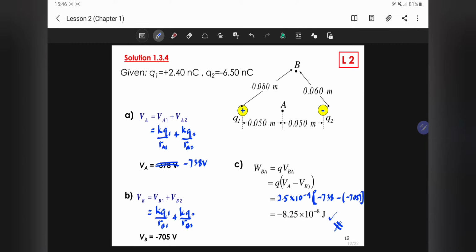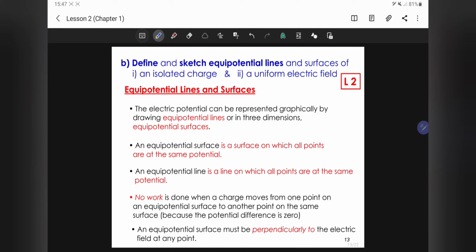So this is one example of how you use the work equation involving the electric potential. Now let's discuss equipotential lines and surfaces. What is that actually? The electric potential can be represented graphically by drawing equipotential lines, or in 3 dimensions, we call it equipotential surfaces. An equipotential surface is a surface on which all points are at the same potential.